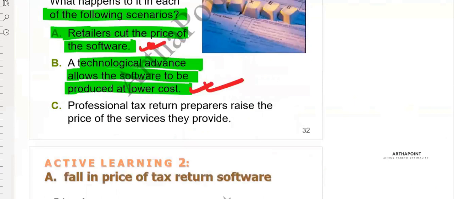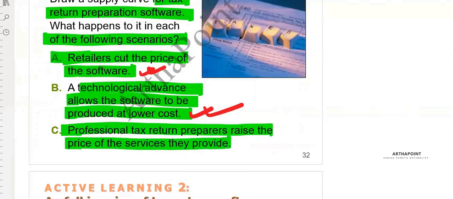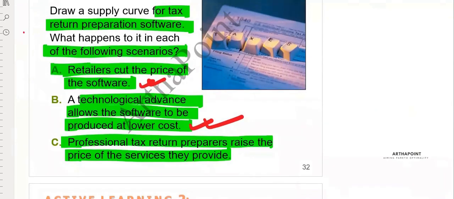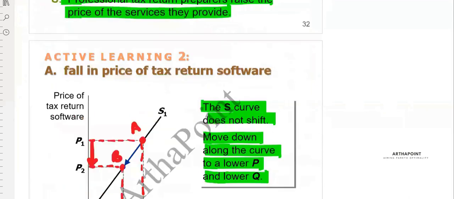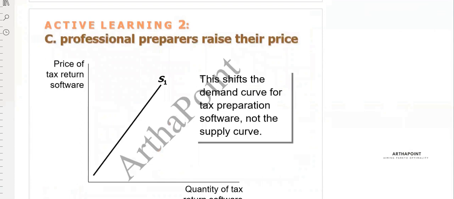Let's take the third part. Professional tax return preparers raise the price of the service they provide. Now, please understand this. One is a software, which helps you do the tax return preparation. And then you have these people who provide you a service, right?